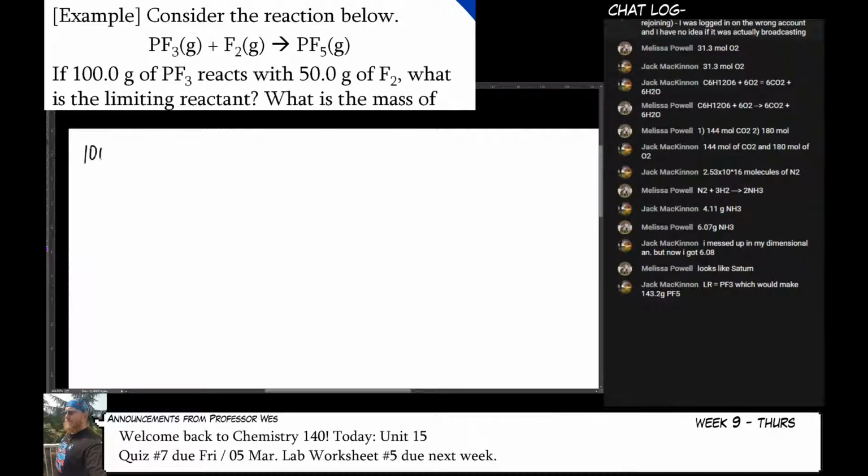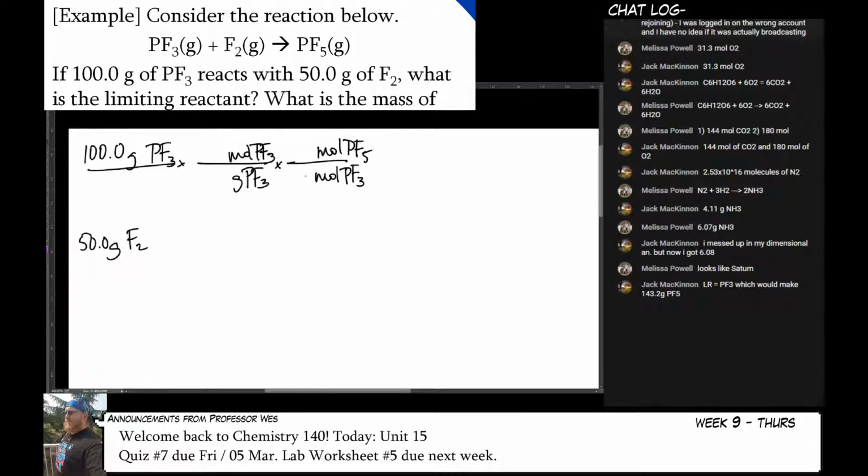All right, so we're going to work with 100 grams of PF3 and 50 grams of F2. So we'll turn grams of PF3 into moles of PF3, and then we'll turn moles of PF3 into the product that we want. So that cancels and that cancels.